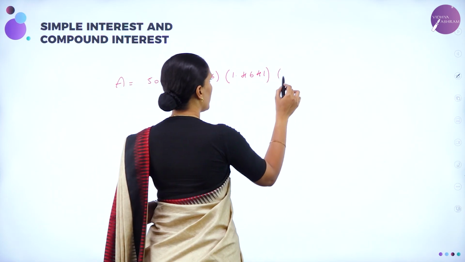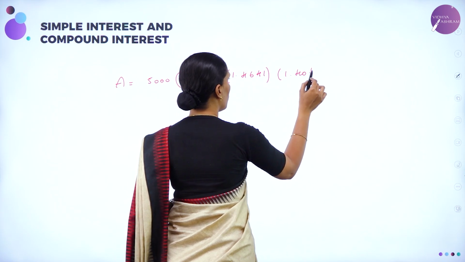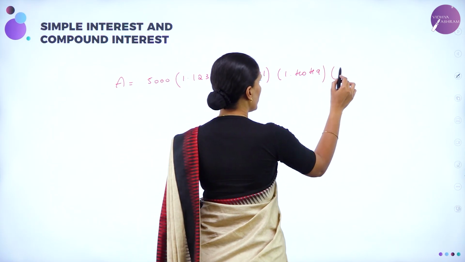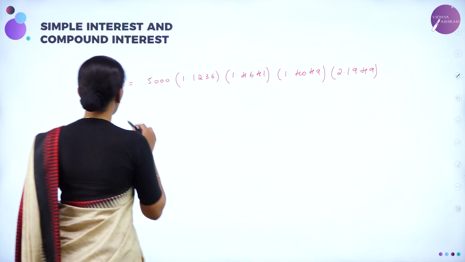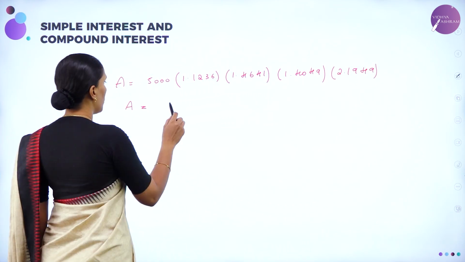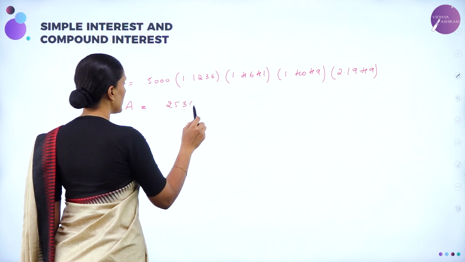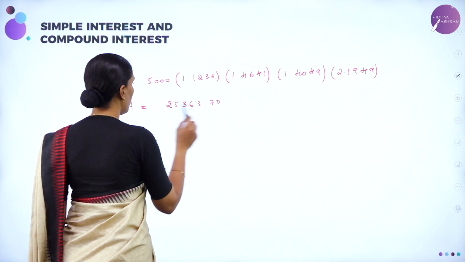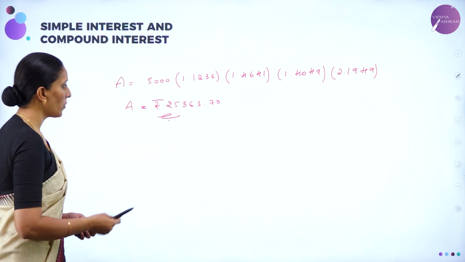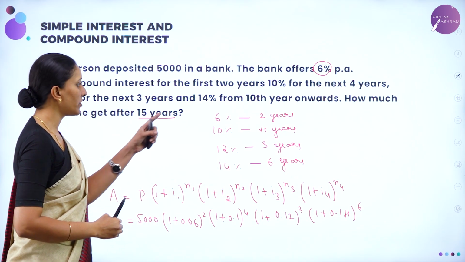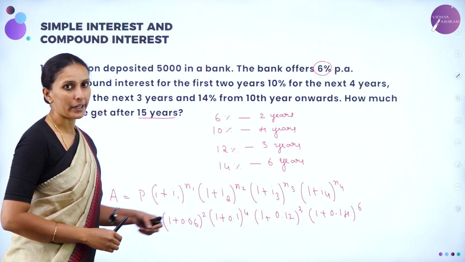Similarly, the next value is 1.4049. The last value is 2.1949. So A is equal to 25,363.70 in terms of rupees. So this is the amount he will get back after 15 years with different rates of interest.